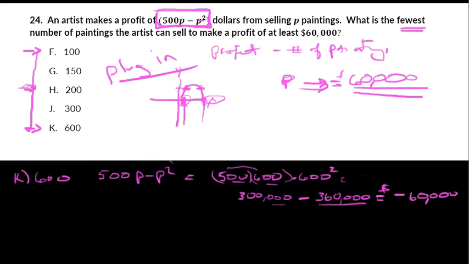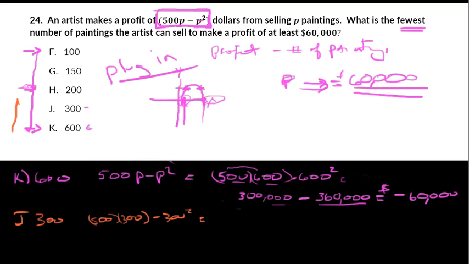And I think what they put that in there for is if you didn't keep the negative sign through, maybe you would think that this is the right answer because it did come up with 60,000. But it's not right because it's negative 60,000. We're at 600. Let's go to J, which is 300. So we're going to plug that into our formula. We'd end up with 500 times 300 minus 300 squared.